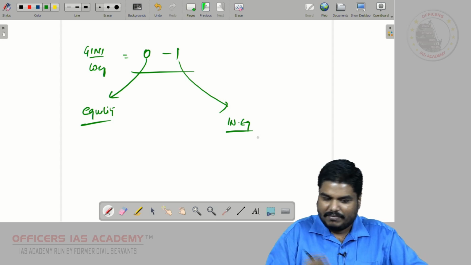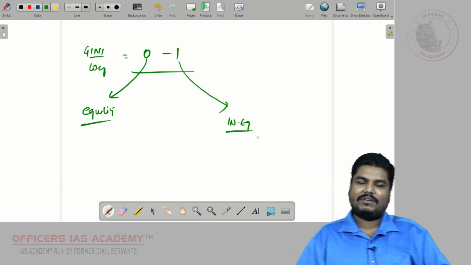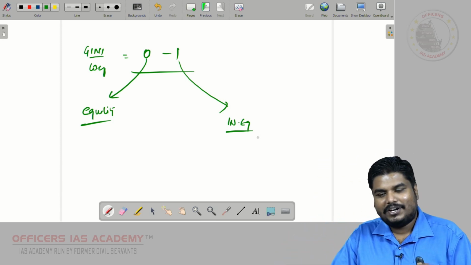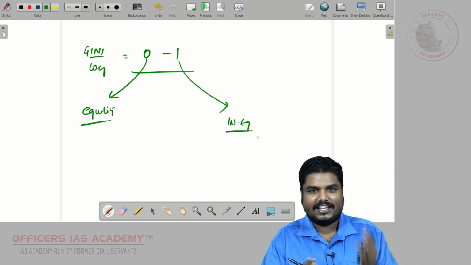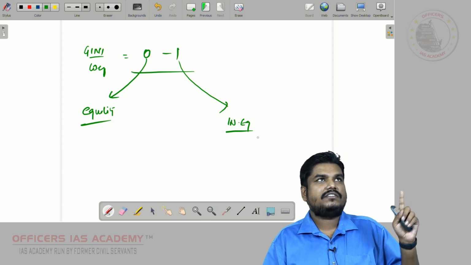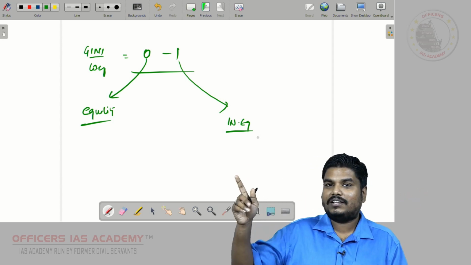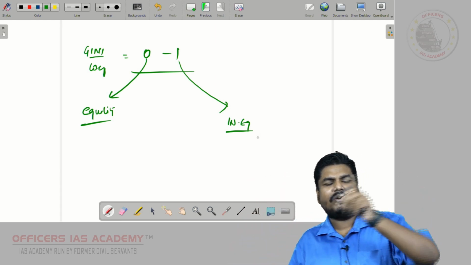Maybe if you are not able to immediately grasp this, you can watch the video once again. Definitely in UPSC prelims or mains, they are not going to ask you to draw this illustration. Just for the sake of understanding, I have given this illustration, because I see many people simply memorize what happens when Gini coefficient is 0 and what when it is 1, then they get confused whether 0 is equality or 1 is equality.